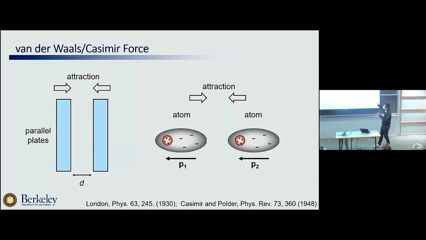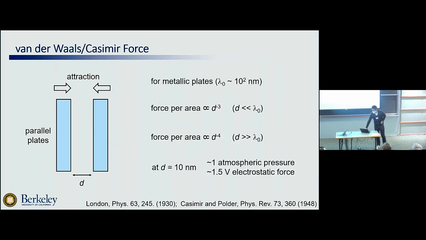If you consider that all objects are made of atoms, you can sum all the interactions between all the atoms in the objects. Then you end up with attractive interactions between the objects. For example, for two metallic plates, there are two regimes people generally consider.